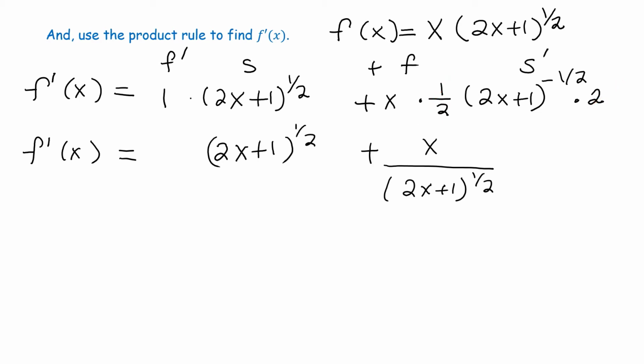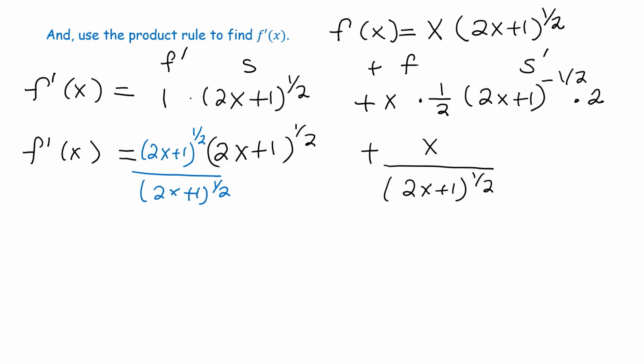In order to add or subtract two fractions, you have to have a common denominator. So let's get one for the first term, and the way to do that would be to multiply the top by 2x plus 1 to the 1/2, and the bottom by 2x plus 1 to the 1/2.